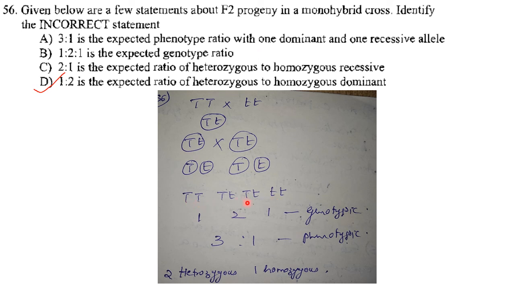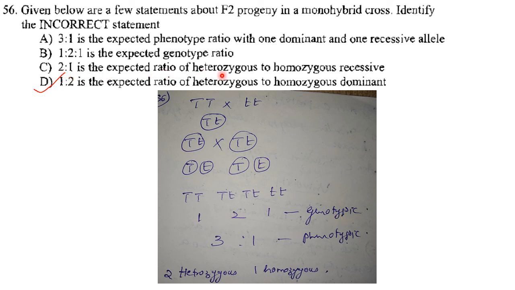So these are the dominants and this is the dominant allele and this one is the recessive allele. So that is correct. The next one, 1:2:1 is the expected genotypic ratio. So 1:2:1, that is the genotypic ratio. That's also correct.